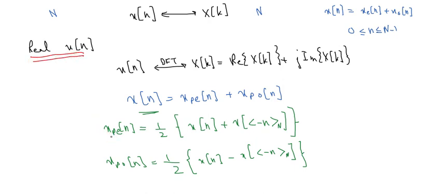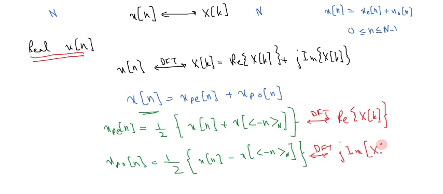So if your x of n is real, then the discrete Fourier transform of this periodic even signal or periodic even part of your x of n will be equal to real part of x of k. Similarly, if you take discrete Fourier transform of periodic odd part of your x of n, its discrete Fourier transform will be equal to j times imaginary part of x of k.